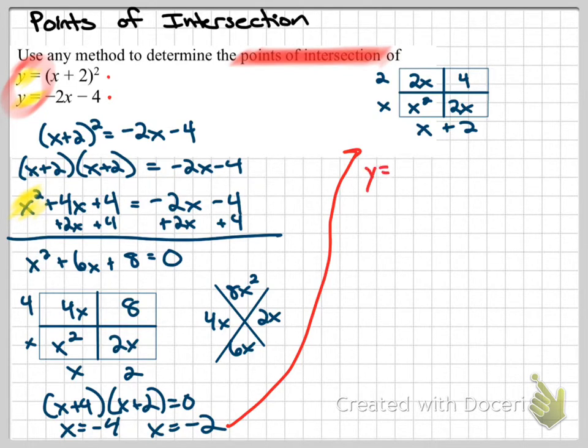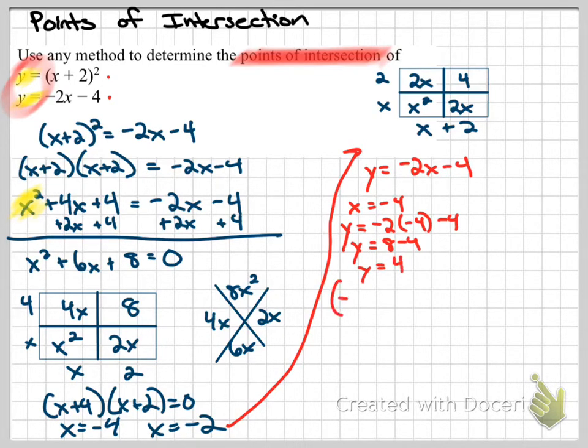So my second equation is negative 2x minus 4, just taking that from the problem. Let's plug in x equals negative 4 and see what y value that x gives us. So into my y equation, I'm plugging in negative 4. That gives me a y value of positive 4.